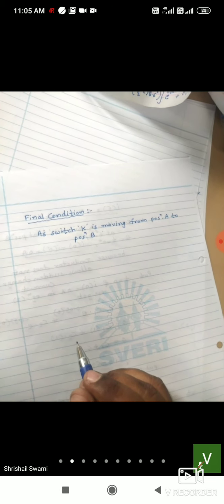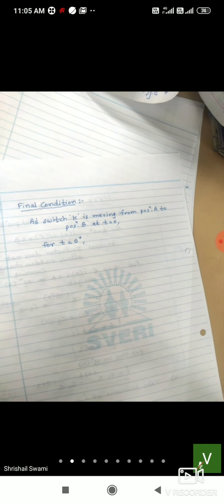As switch k is moving from position A to position B at time t equal to 0, therefore for t equal to 0 plus, the current in the circuit is 0.